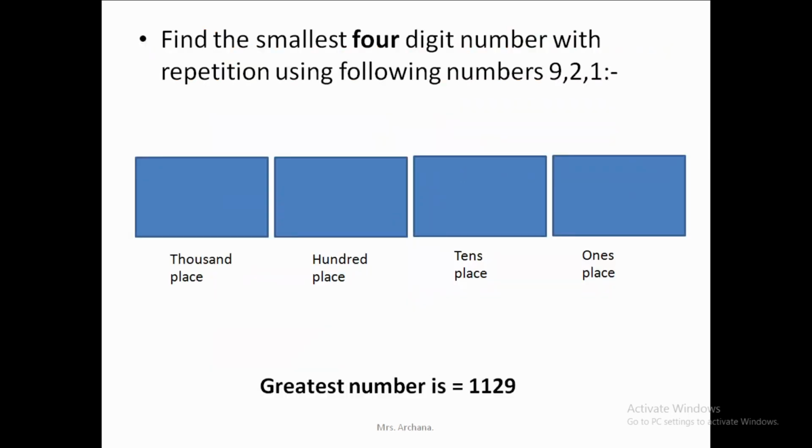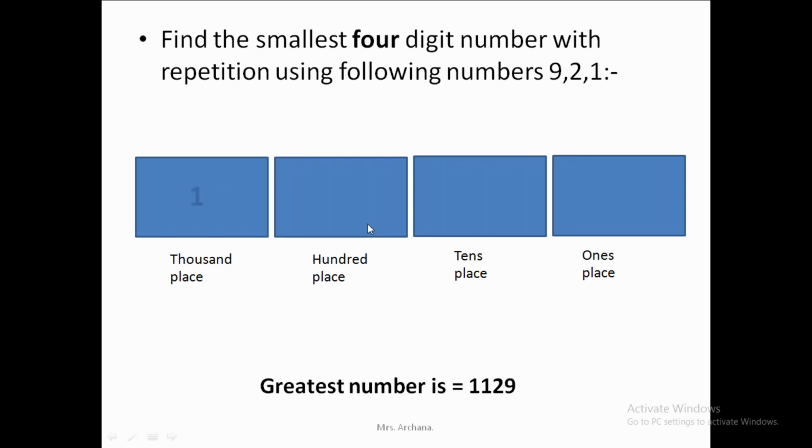Now see an example. Here also we have 3 digits, but we are going to find the smallest 4-digit number. So the smallest digit, that is 1, we are going to place in the thousands place and the hundreds place.